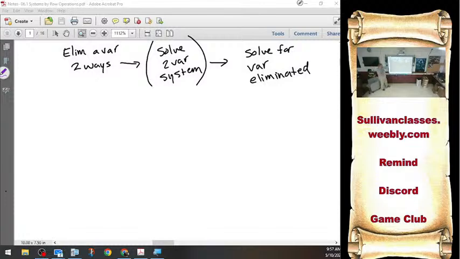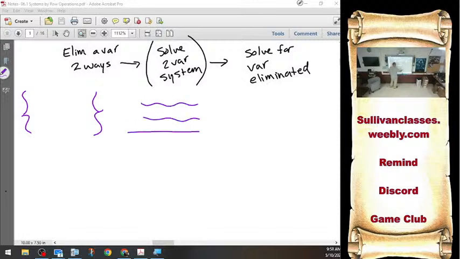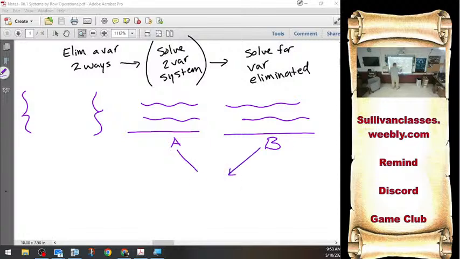Even when I do it, I have my three-variable system to start with. I'll come over here. Here's my two equations. Here's my two equations. And then I get my two equations that are down to just y's and z's or whatever they are. And then, well, now I have a two-variable system.